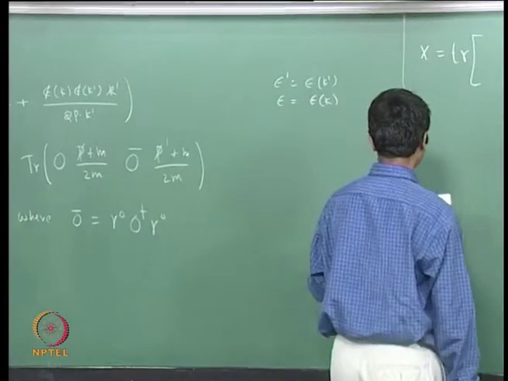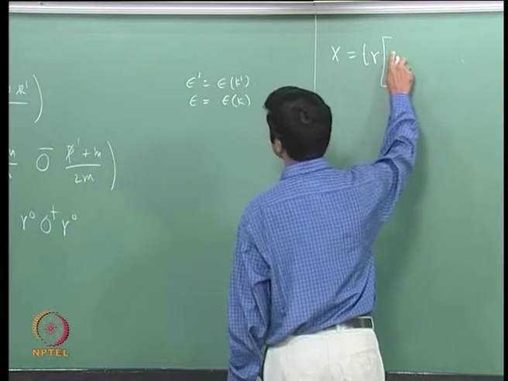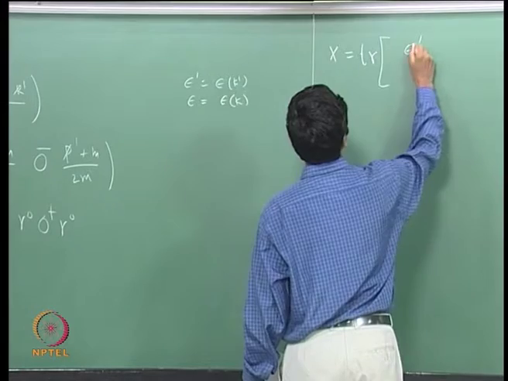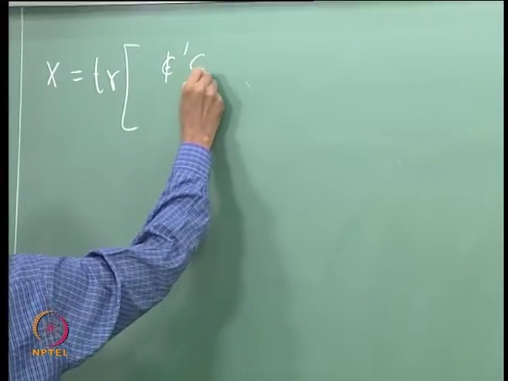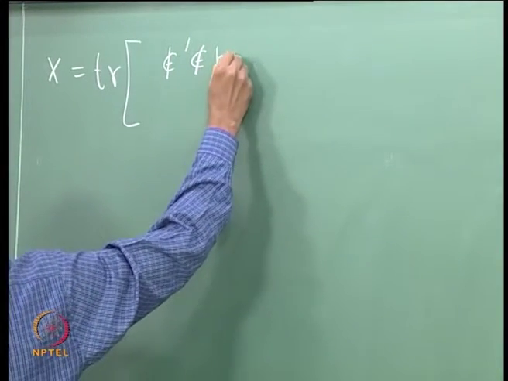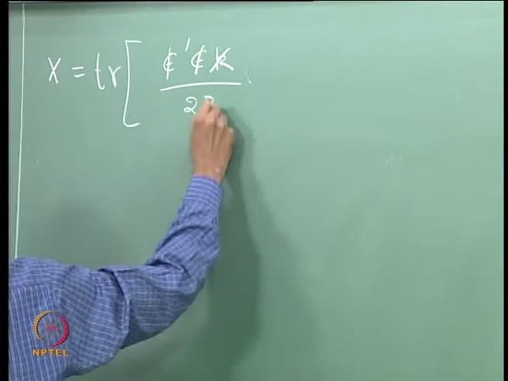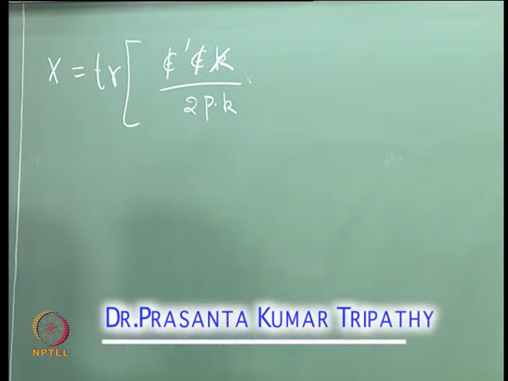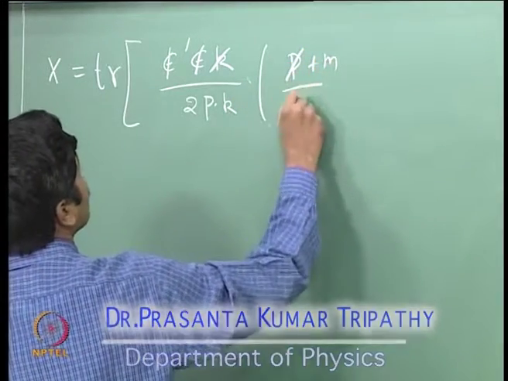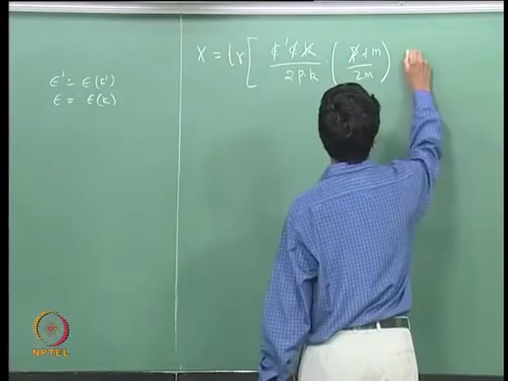So first thing is, this is just epsilon prime slash epsilon slash k slash over 2 p dot k, then p slash plus m over 2m, and then gamma 0.